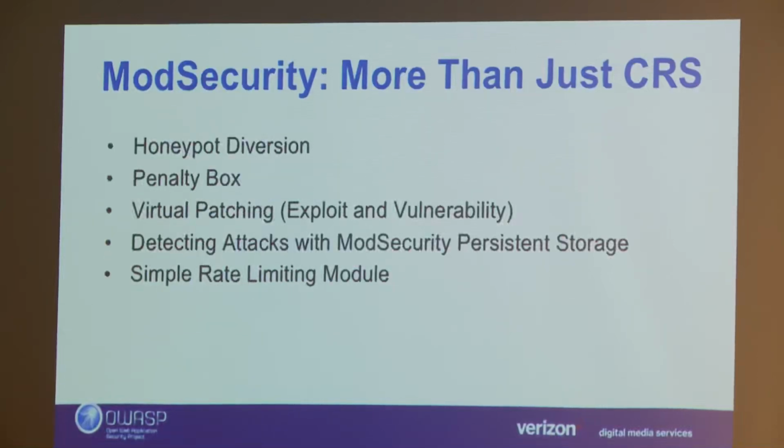A penalty box is the rate limiting feature. Virtual patching. We're working on this idea of having a community repository of these virtual patching rules, like when Struts or some issue comes out, people can start contributing their own rules, and we'll triage it and make it available. We meaning the ModSecurity core rule set project.